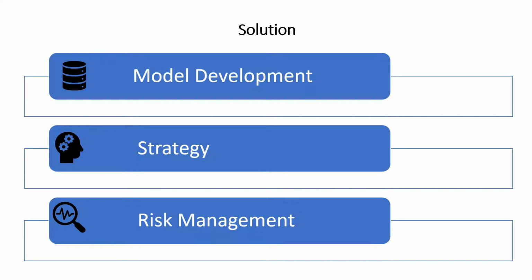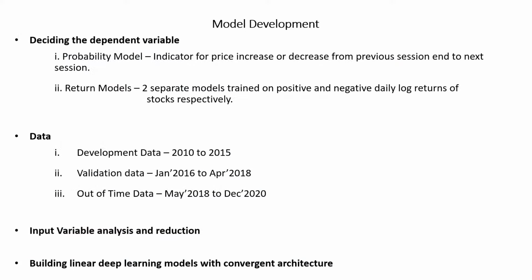We get a ratio using which we distribute our funds into the respective stocks that we want to trade in. Third, the risk management part includes certain issues regarding transaction cost and automation, which we will cover later. Now, a bit more detail on the model development.